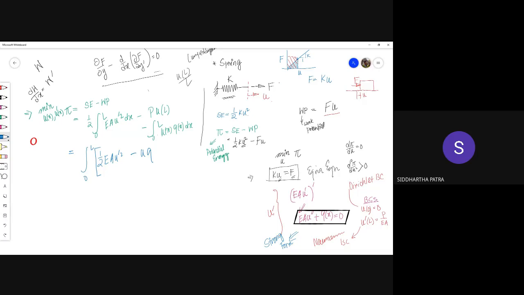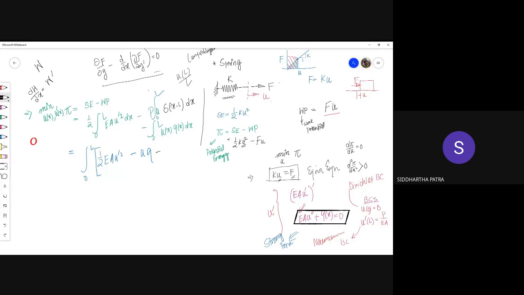But for this one, P is a constant, and I can show it to be integral 0 to L of delta x minus L dx. So u at L can be written like this: u as a function of x, delta x minus L dx.